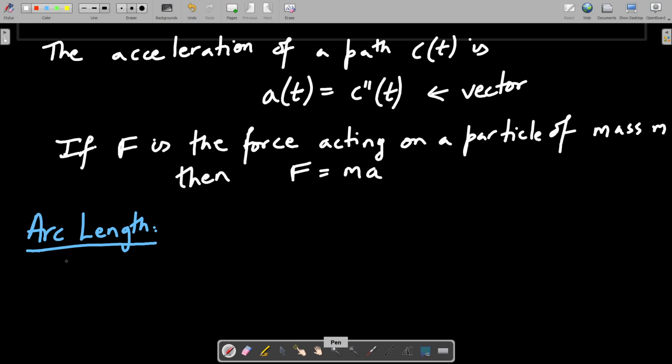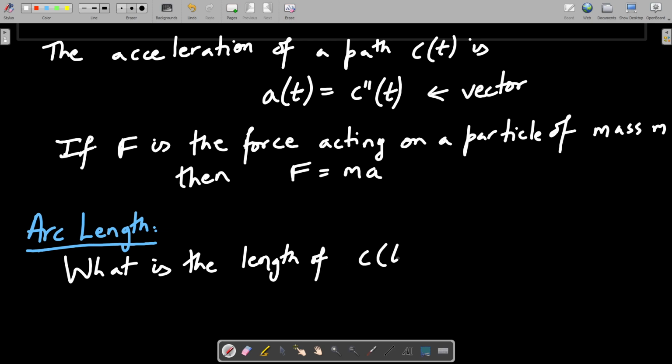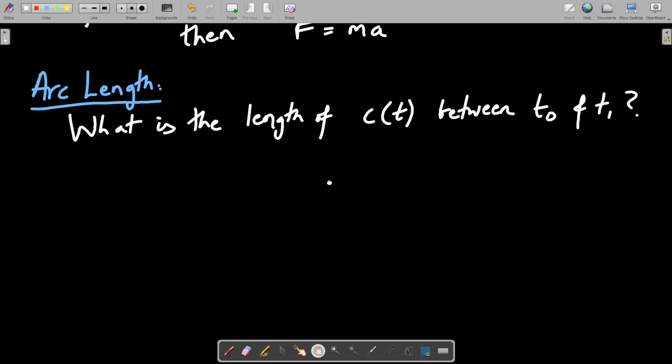Now the question arises here, what is the length of the path C(t) between the points T0 and T1?